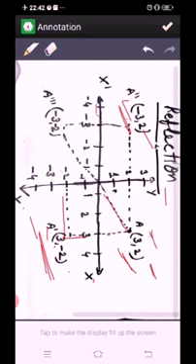You can see that like this it is reflected at an equal distance. Whatever distance is this much, the same distance will be this also. So we get the coordinate minus 3, minus 2. It means when we reflect any point in origin, both signs, x and y, get changed.